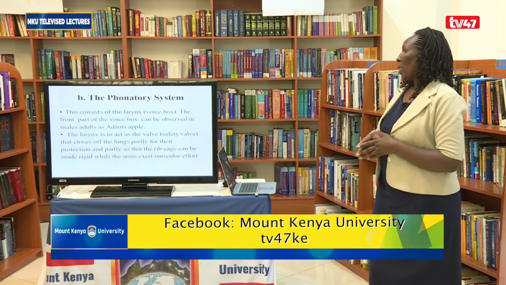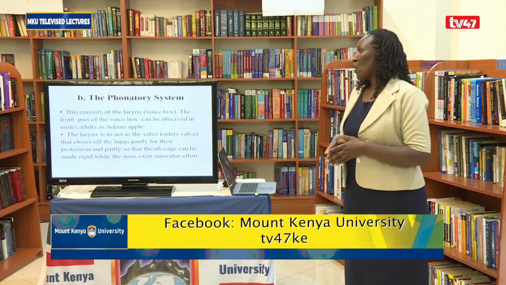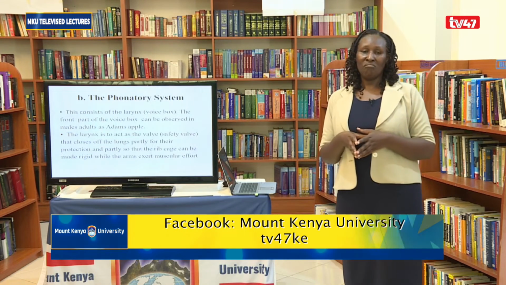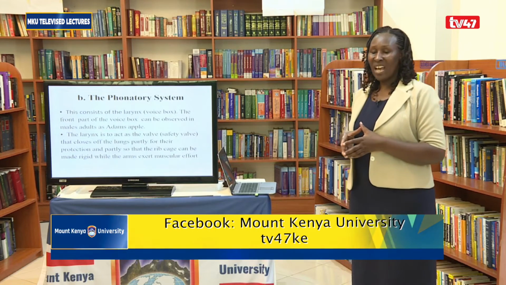What is this phonatory system? The phonatory system consists of the larynx, which is commonly known as the voice box. The front part of the voice box can be observed in male adults and is usually called the Adam's apple. It looks like a projection.